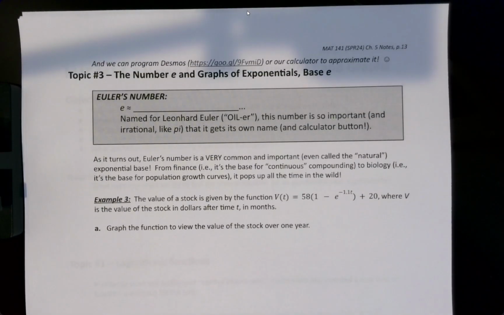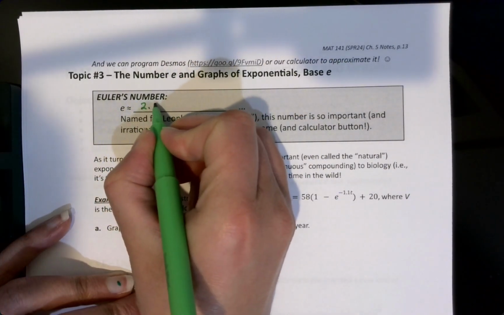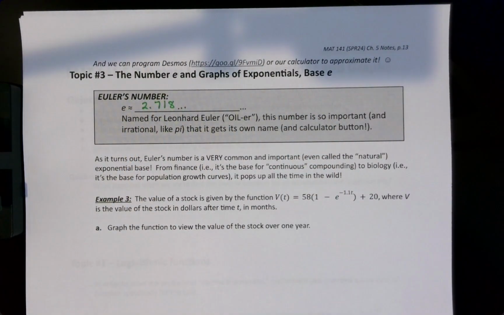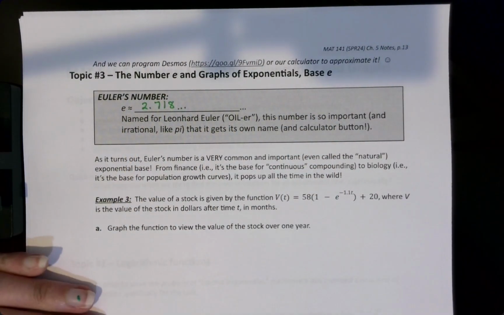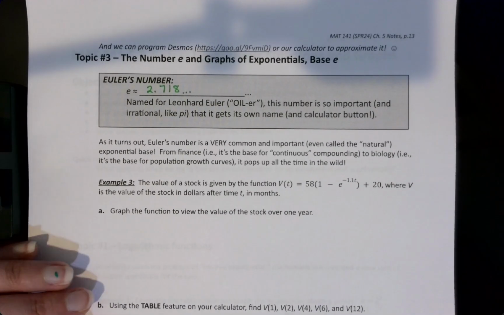Okay. So Euler's number, which is approximately 2.718. There's a lot more decimal places behind it, but we can approximate it as about 2.718, etc. It's an important number. It's irrational like pi, gets its own number and name in the calculator.